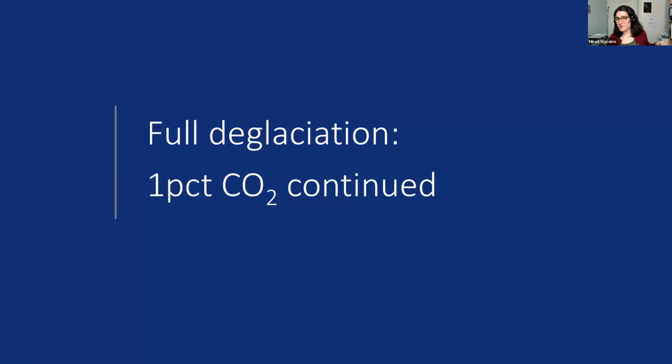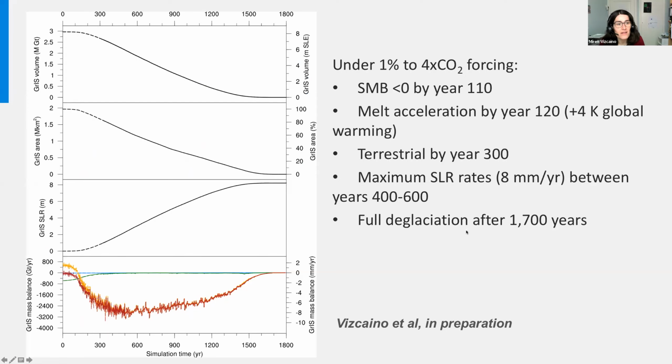Okay, let's continue after year 350 and see what happens in the long term. Here we need to save some simulation time. So what we do is from year 500, we are going to run 5 years of the ice sheet model with the forcing of 1 year of the climate model.